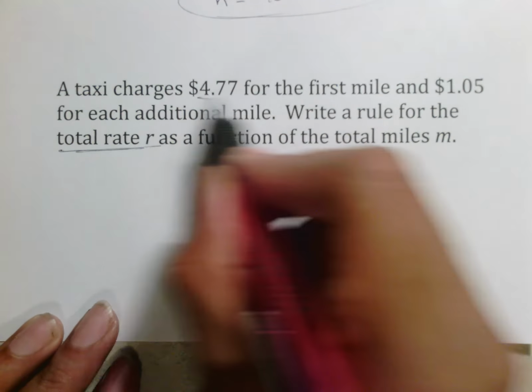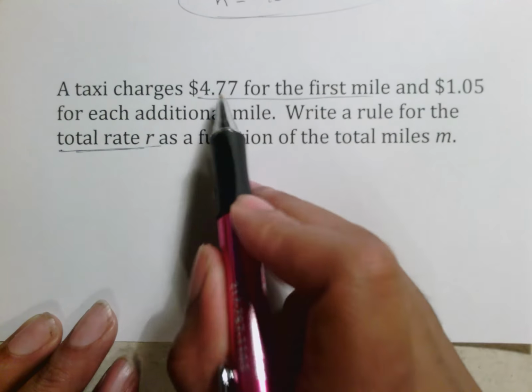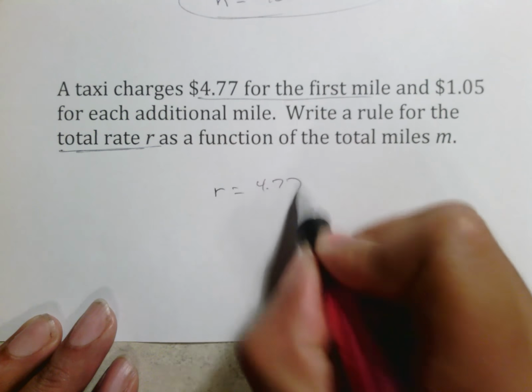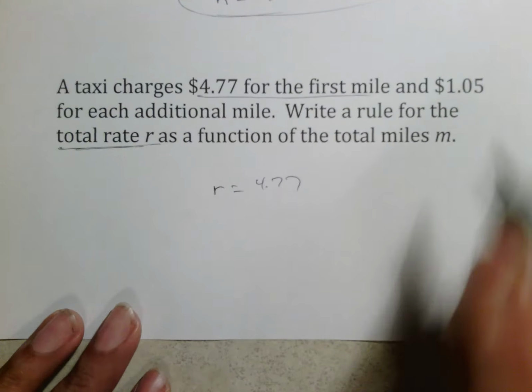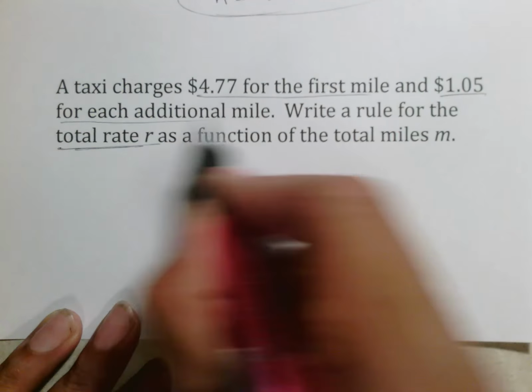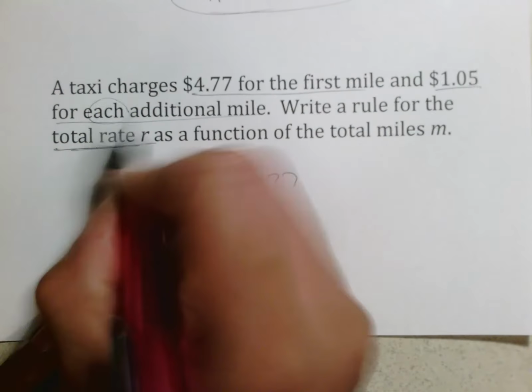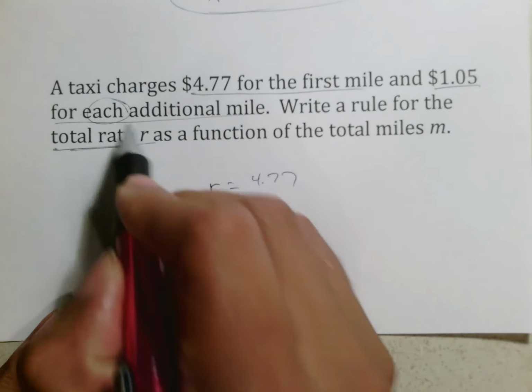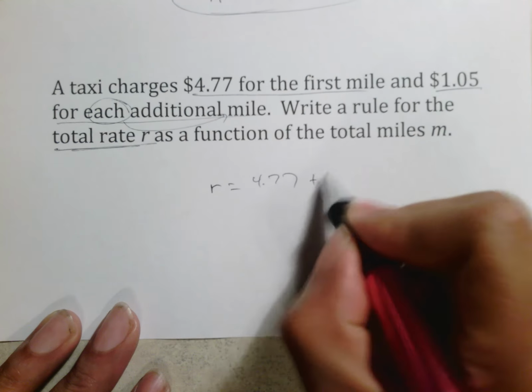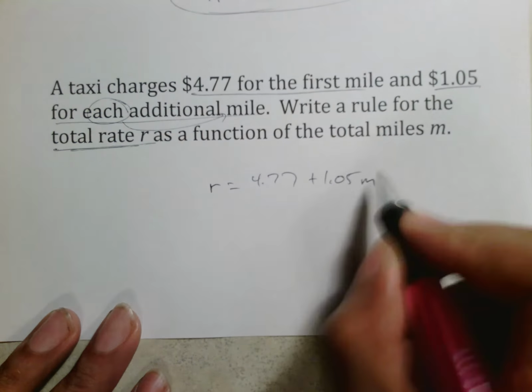And notice it charges $4.77 for the first mile. They are not going to charge that $4.77 again, so this does not get a variable, but it says it charges $1.05 for each additional mile. Again, there's your word each, and it's each mile, so I think it would be plus 1.05M.